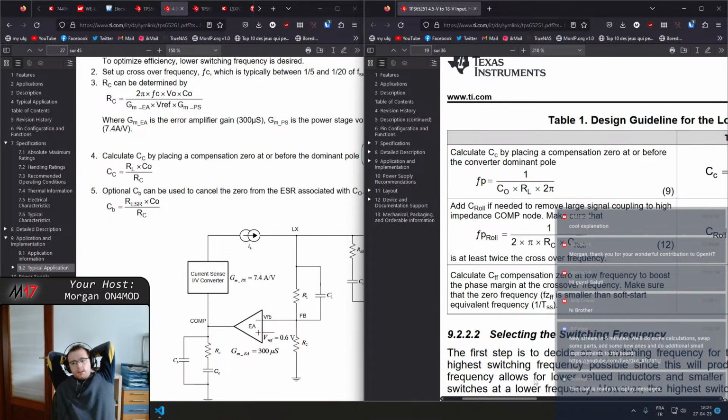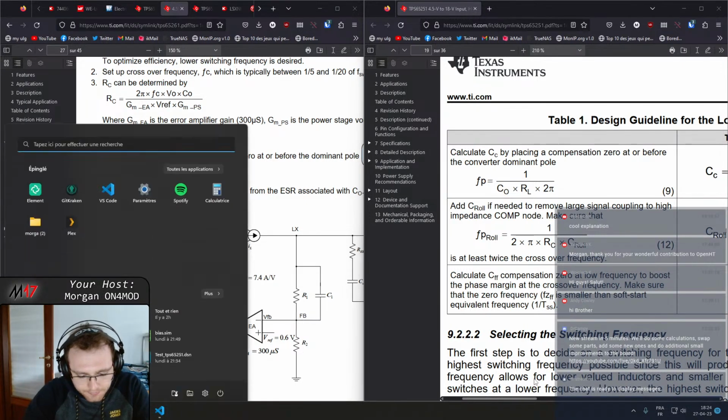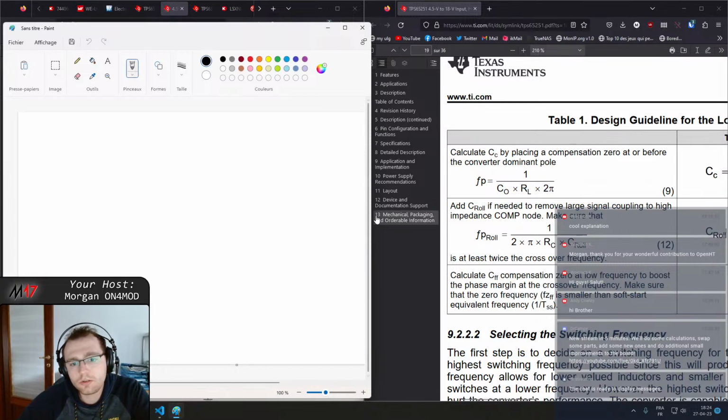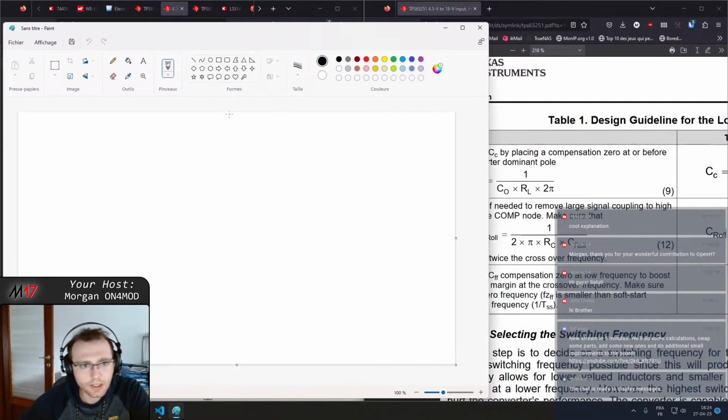Maybe I can try to do a quick drawing to explain some. Sorry, it will be some theory about control systems, because this can be quite interesting in my opinion, even though it's not my forte.